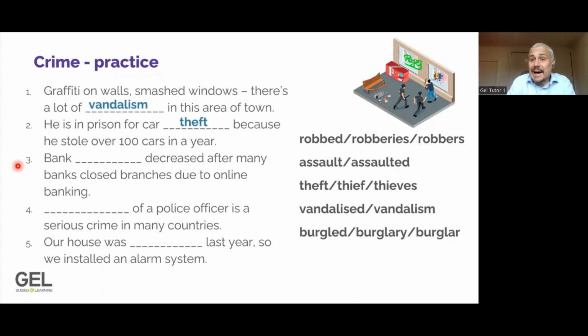Well, we need a noun in this gap, and the correct noun is bank robberies. We're not talking about decreasing robbers. We can't increase or decrease a robber. This is a person. But we can increase or decrease the number of robberies.